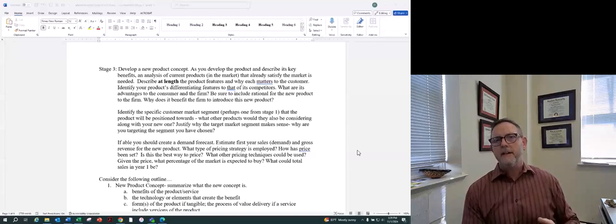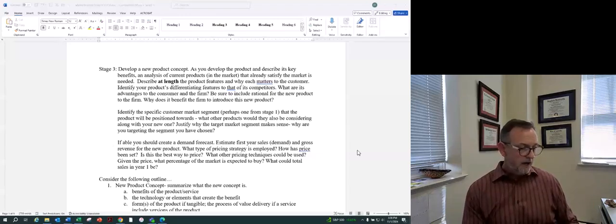The third C is the company itself. For the company that you chose for your project, you have to be able to demonstrate that this new product concept fits into their portfolio of products, that it makes sense that they would be able to launch this product, and that they would be able to successfully produce it and design it.